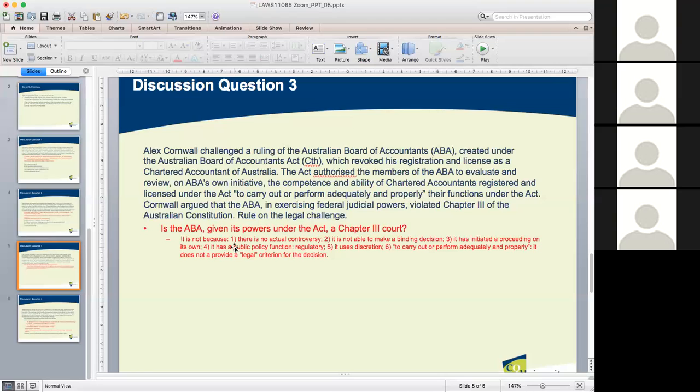As far as the format is concerned, there is no standard format. What you have to make sure is that it appears like a legal memorandum. There are different ways of presenting a legal memorandum, and you can have a look at all the examples that are now in Moodle. Okay, anything else? So we're good.